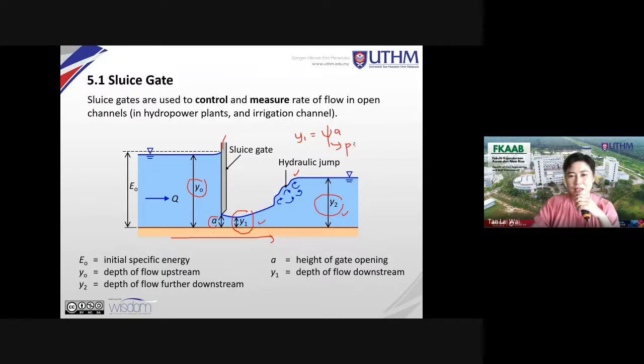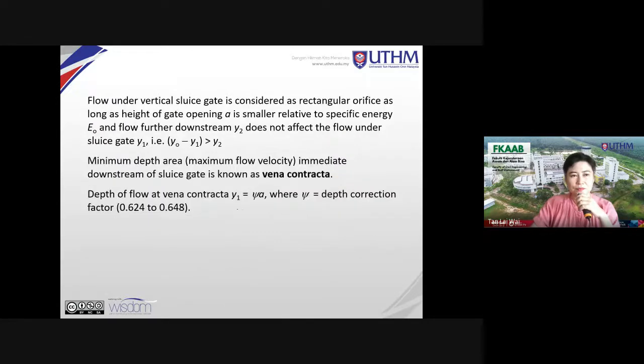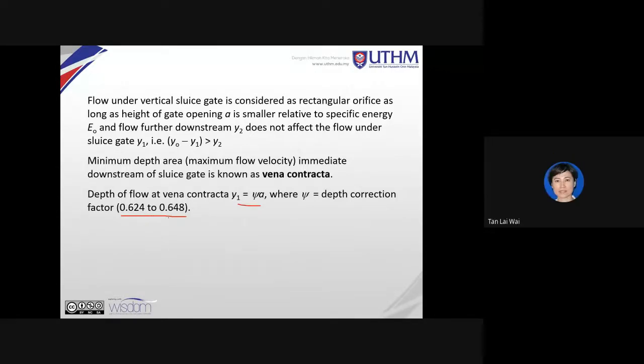So the depth of flow at vena contracta, y1, is equal to psi times A, where psi is the depth correction factor, which is between this range. Sometimes we could give you a number near this range, but don't worry about that. Normally it's less than 1.